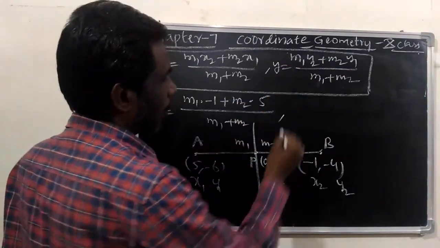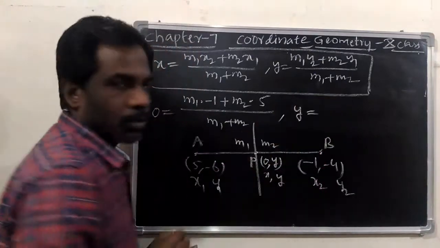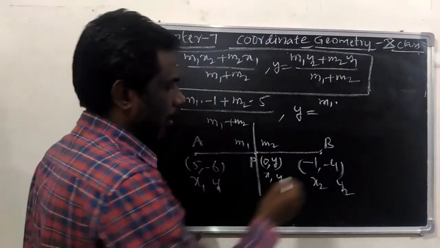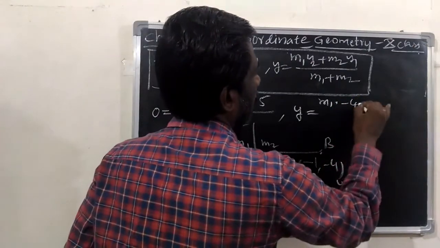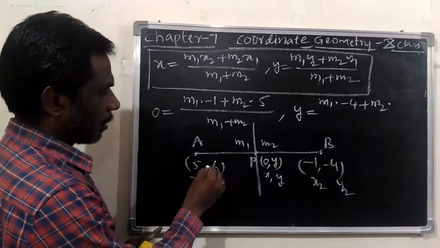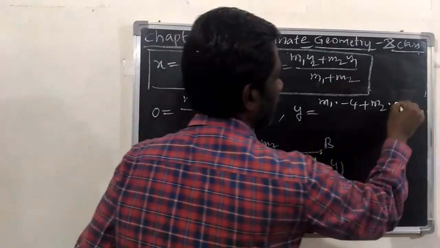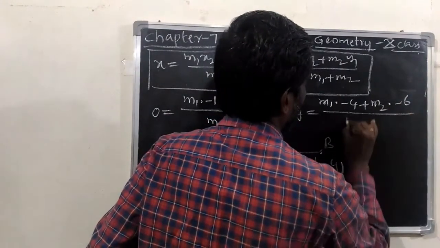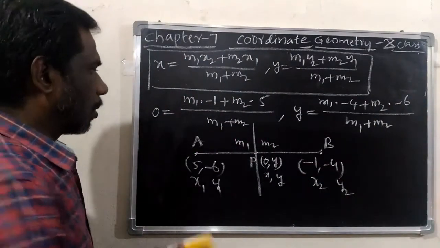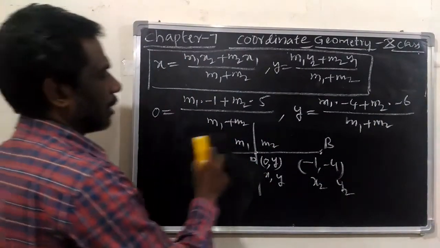And y equals m1 into y2, which is -4, plus m2 into y1, which is -6, by m1 plus m2.